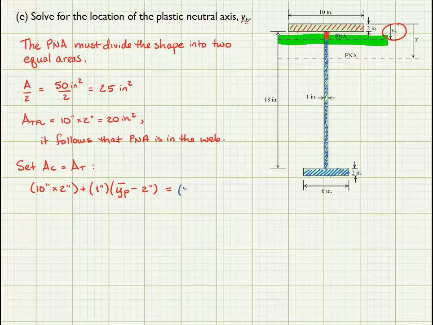The remainder of the depth of the web is going to be 1 inch thick times a total depth from the top of the top flange to the bottom of the web of 20 inches minus y sub p, plus the area of the bottom flange.